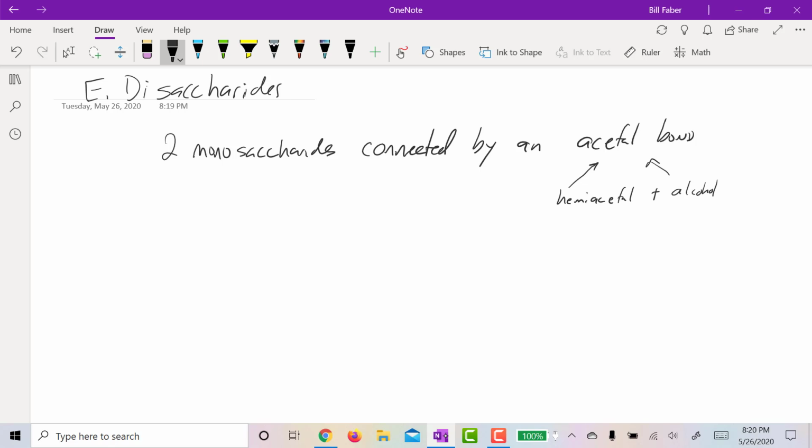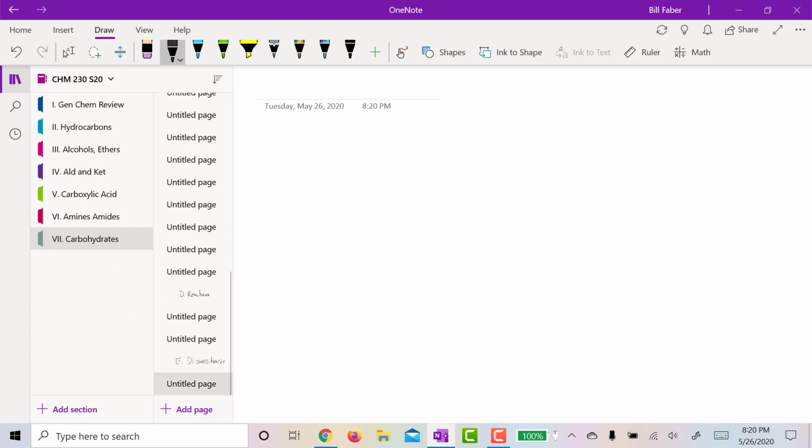So a hemiacetyl is an aldehyde or ketone reacting with an alcohol. Once you have that hemiacetyl group, which you do when you form a ring, you react another one with an alcohol and you form an acetyl group. Now, the first disaccharide I want you to know is what we call maltose. And I'm going to start this on its own page.